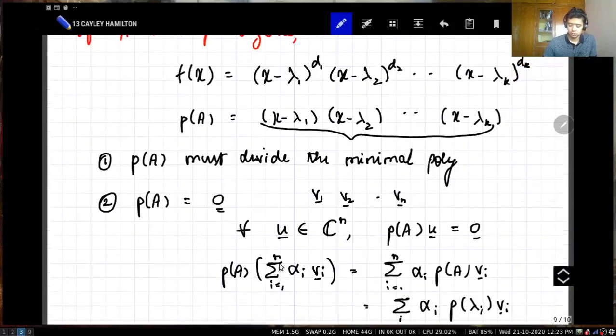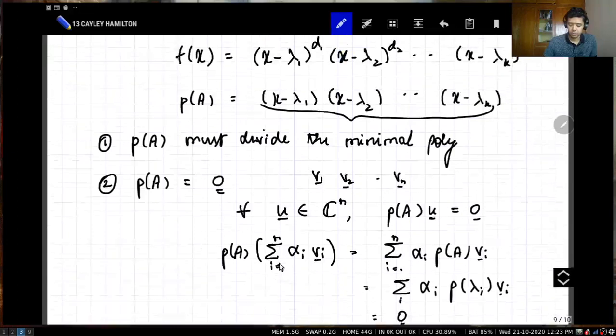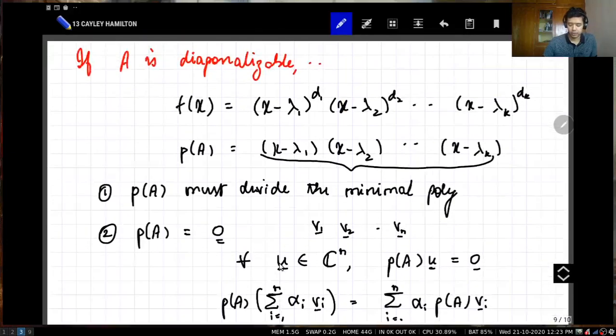Right? Okay, so if A is diagonalizable, then we know exactly what the minimal polynomial must be. The degree of the minimal polynomial is k, where k is the number of distinct roots of the characteristic polynomial, or k is the number of distinct eigenvalues of A. Okay, but what if it is not diagonalizable?